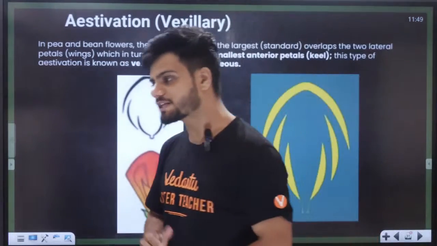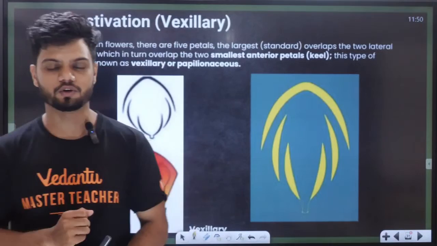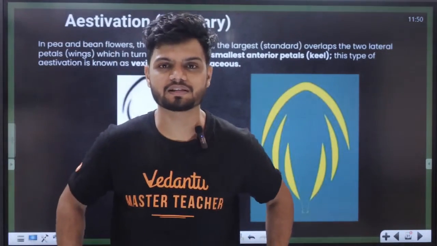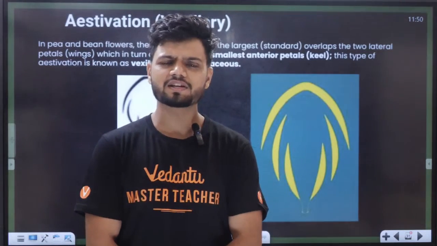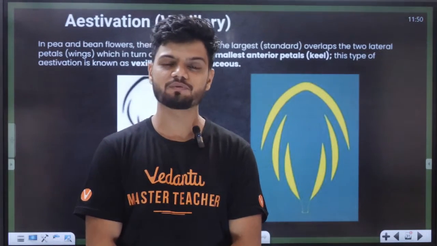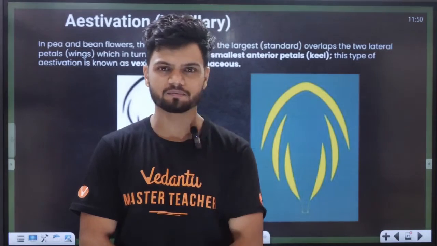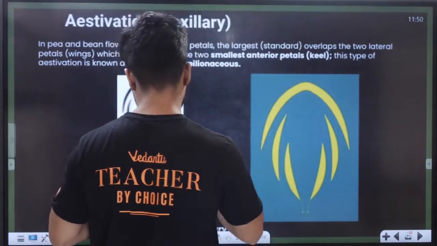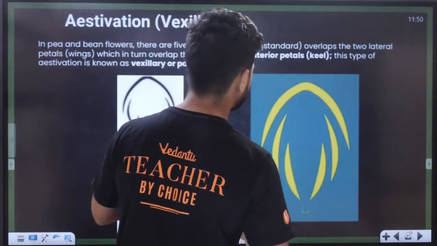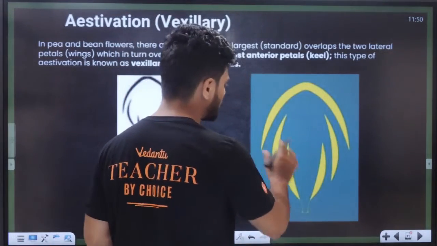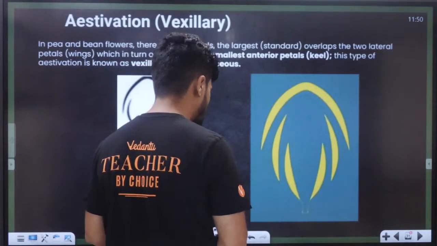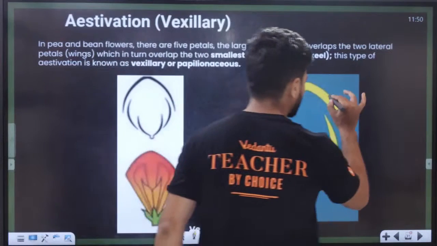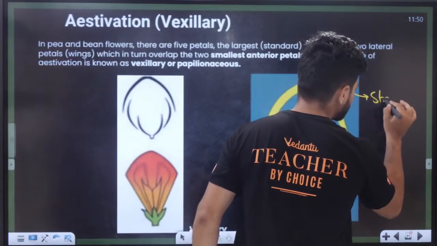Now, the next one is called vexillary aestivation. So what exactly happens in the case of vexillary aestivation? Understand, it is a little bit different. In vexillary aestivation, students, we have 3 different types of petals. The one on the outer side is called standard or posterior.